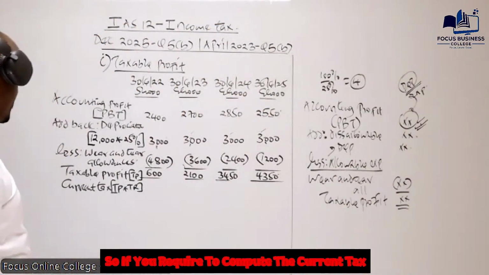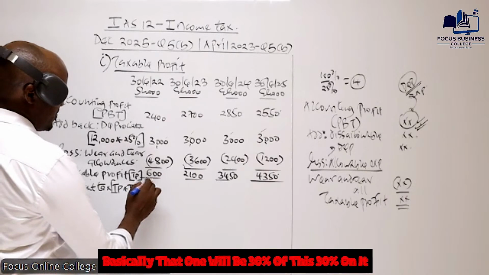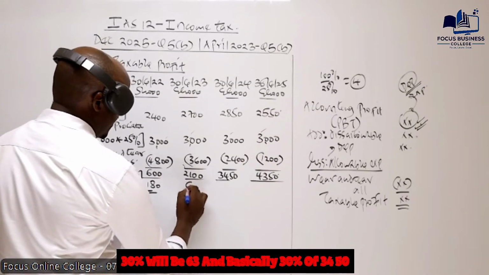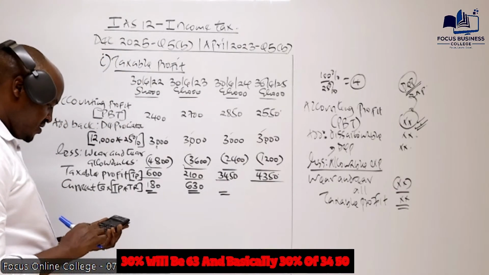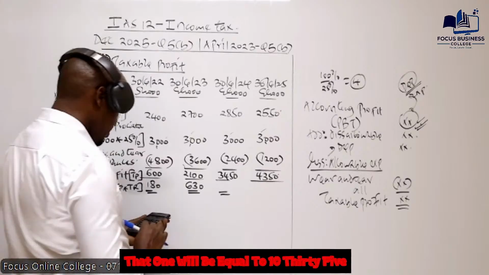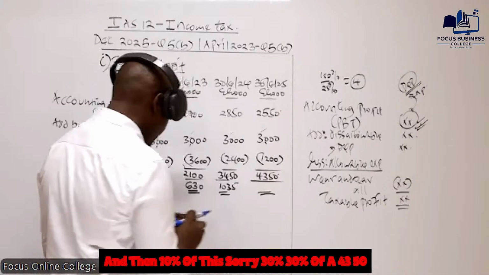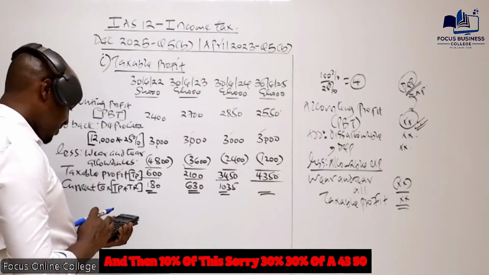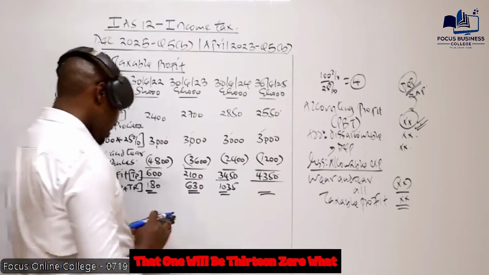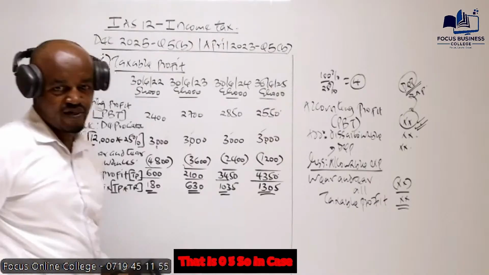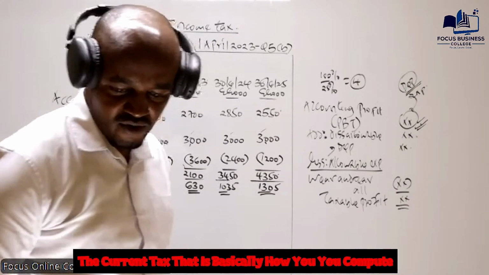So if we are required to compute the current tax, that would be 30% of this: 30% of 180 would be 63, 30% of 3,450 will be 1,035, and 30% of 4,350 will be 1,305. So in case the examiner requires you to compute the current tax, that is how you compute that.